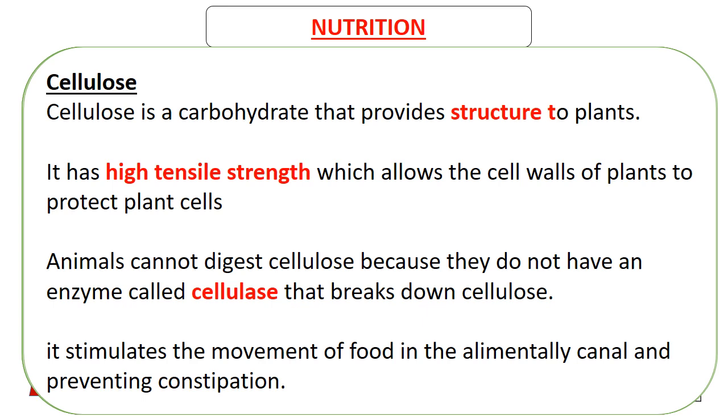How does it protect plant cells? If you remember when we were looking at the effects of osmosis on plant cells, when we talked about lysis and crenation, we discussed the effects of water on animal cells and on plant cells. We discussed that plant cells cannot burst when they have been exposed to a solution of high water potential.